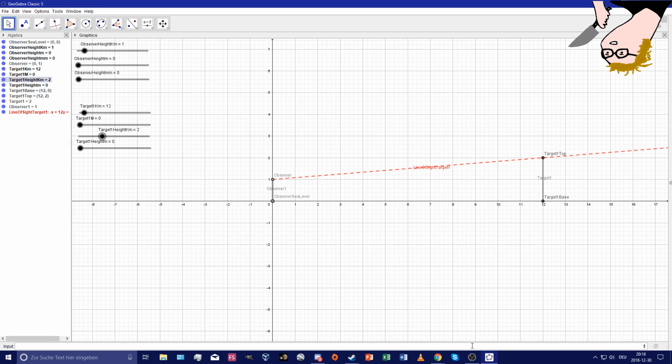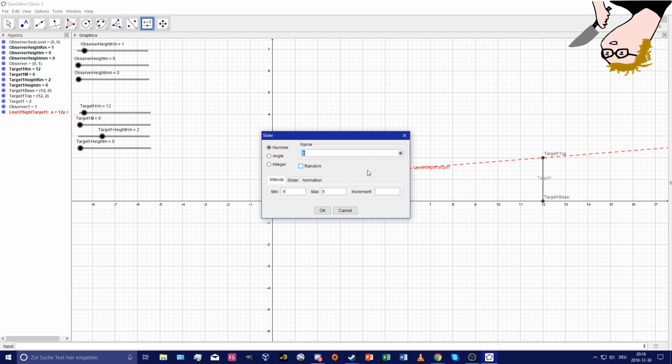Alrighty then. Now we're gonna do the same thing for the second target. Ugh, I know it's hard work. Target 2 kilometers. Let's say again from 0 to 200 in increments of 1. Target 2 in meters from 0 to 1000, increments of 1.